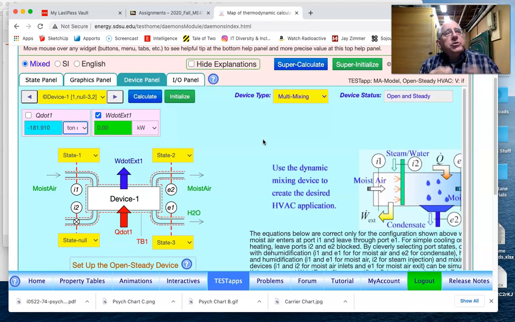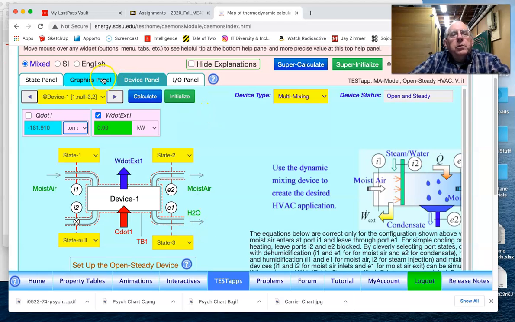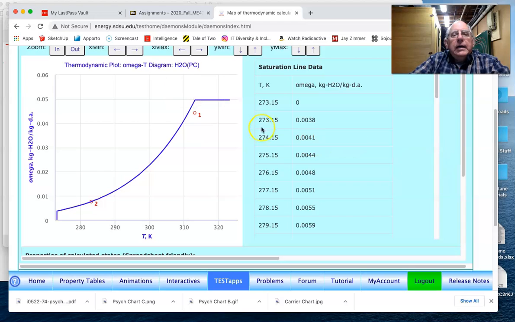So a ton of refrigeration is 12,000 BTU per hour rate, and so it can be obtained from the kilowatts, and so it's about a 3-to-1, 4-to-1 difference there. And so we have the answer to the problem. The answer is 181.9 tons of refrigeration.